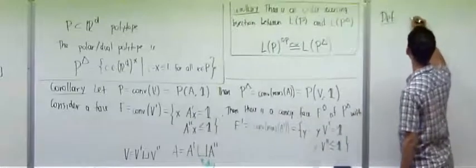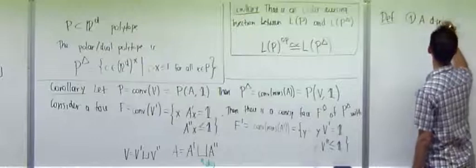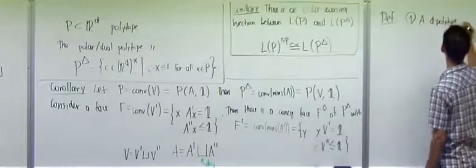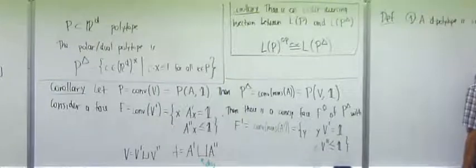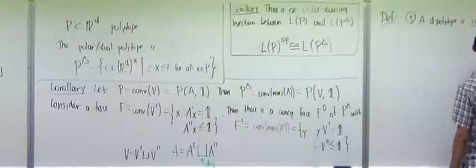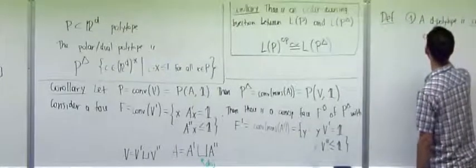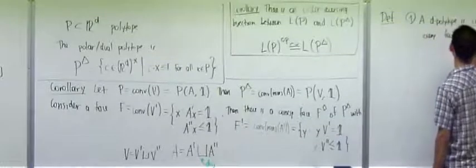So one, we say that a D polytope is simplicial if every facet is a simplex.